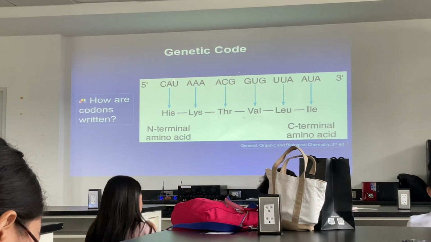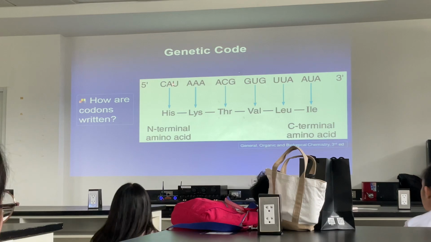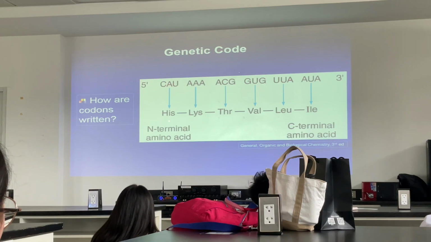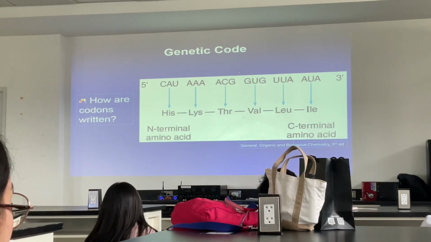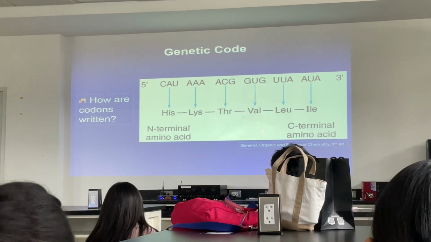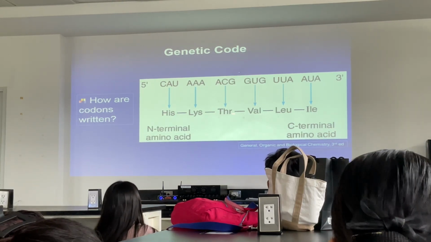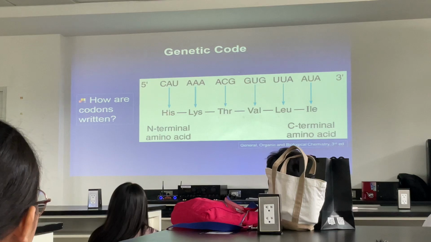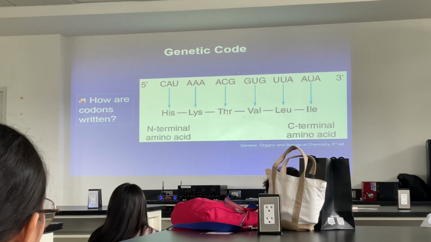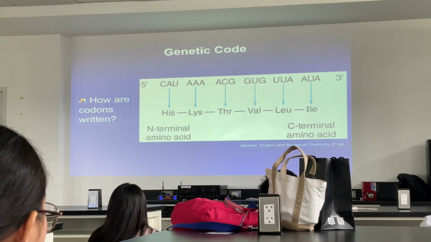Okay? The codon at the 5' end will determine the amino acid found at the N terminal of the polypeptide chain. So this is a peptide chain. How many amino acids? 1, 2, 3, 4, 5, 6.